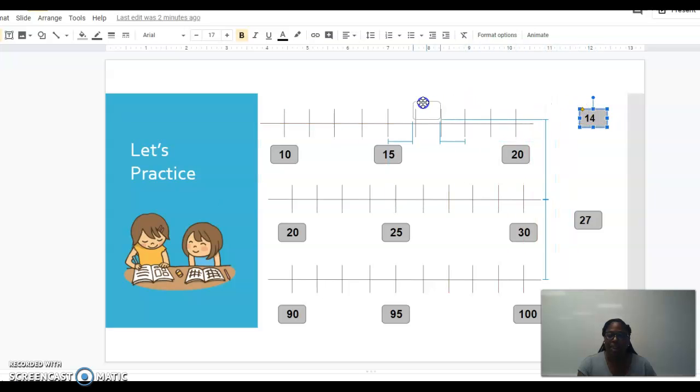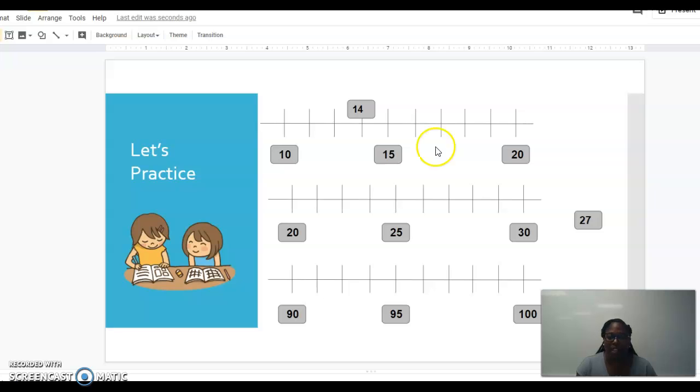Because if I am counting by ones, 1, 2, 3, 4, 5, 6, 7, 8, 9, 10, 11, 12, 13, 14, 14 comes right after 10, and then the next number is 20, but it's closer to 10.